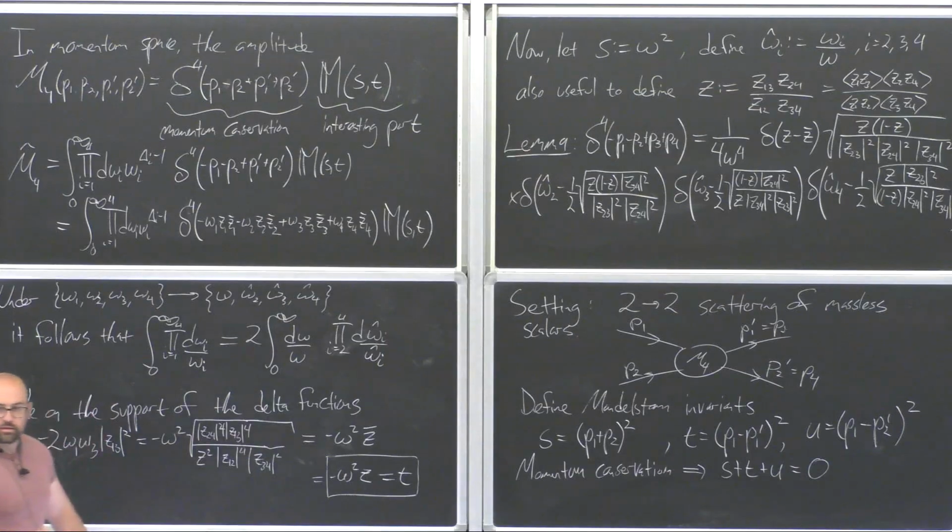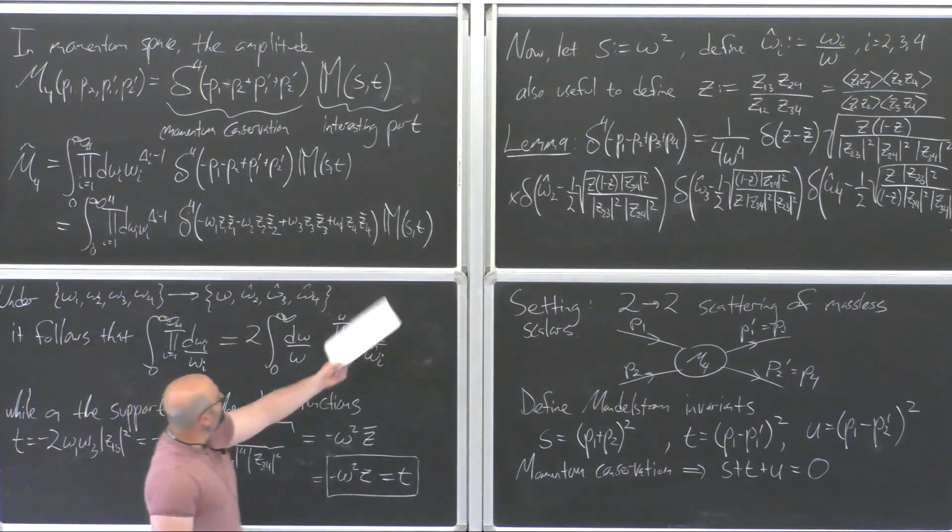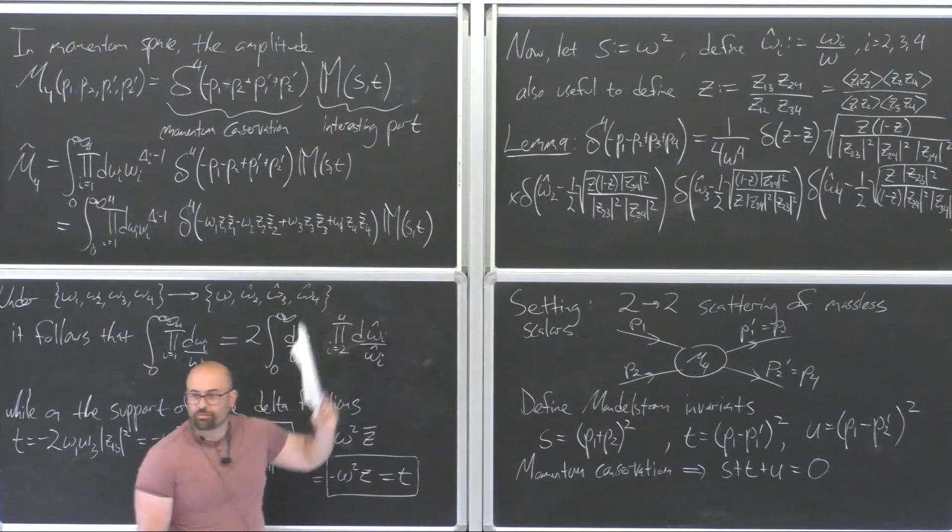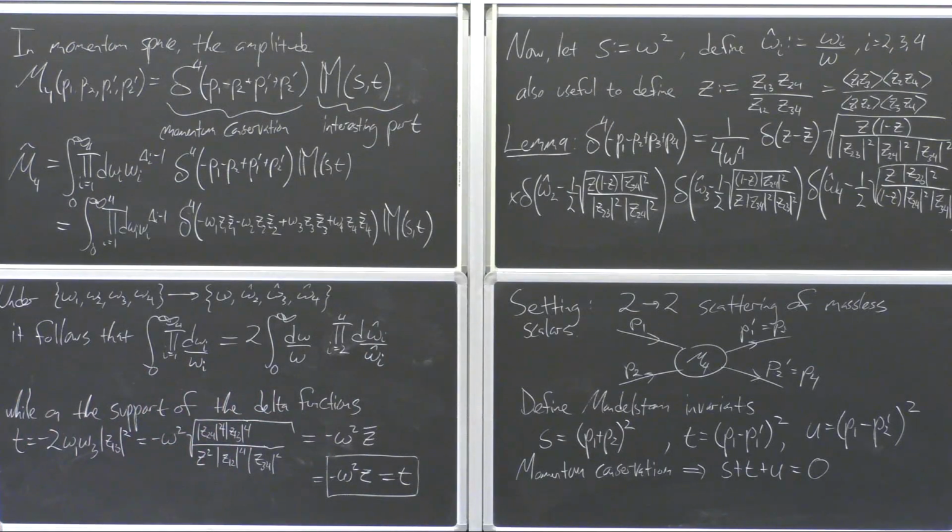Okay. So the upshot of this is that we now know also what the functional dependence of the interesting part of the amplitude is in terms of the new variables that we've defined, right?